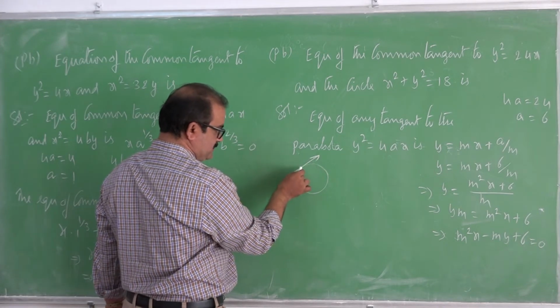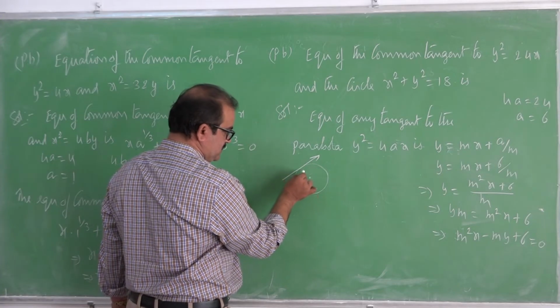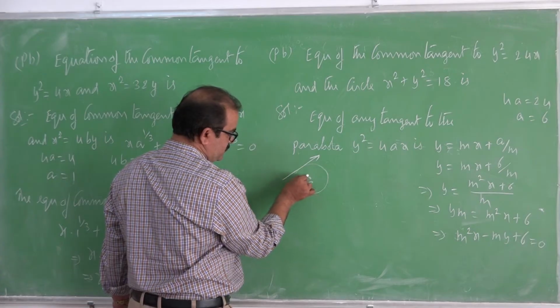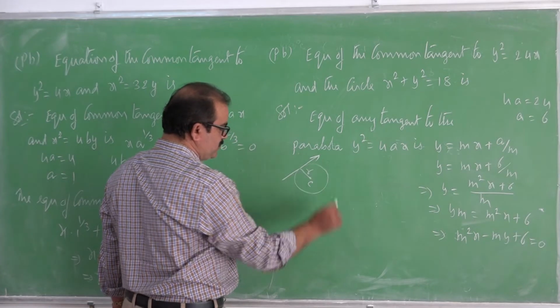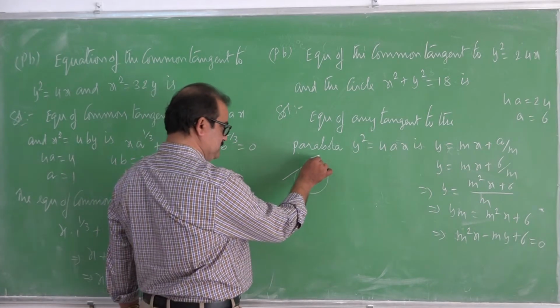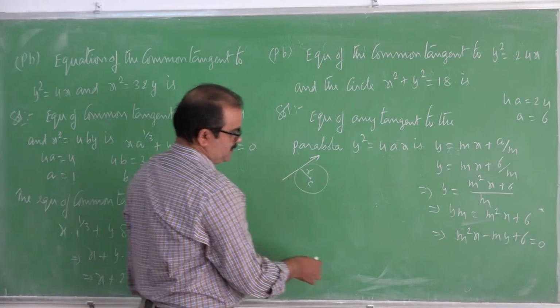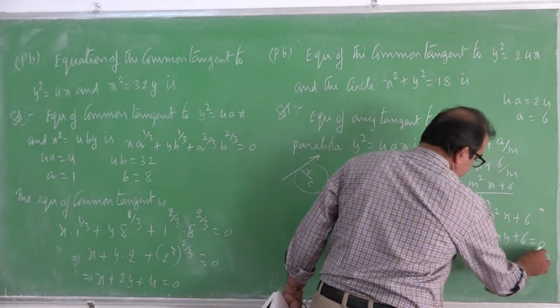When any line becomes tangent to the circle, if the distance from center to that line is equal to radius, then this line becomes tangent to the circle. Okay, let this equation be 1.